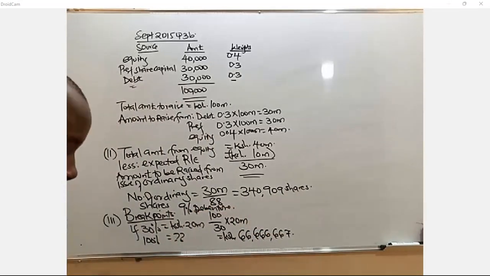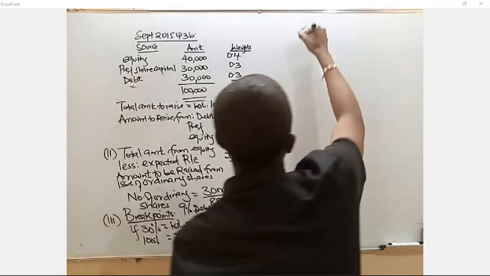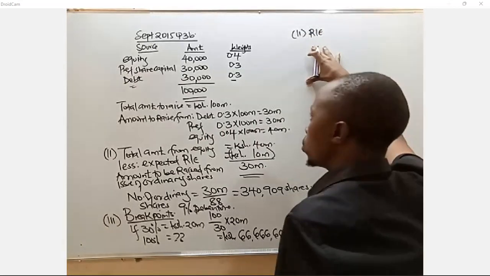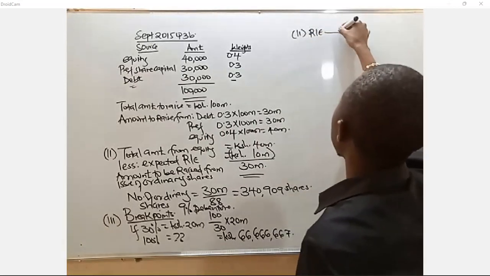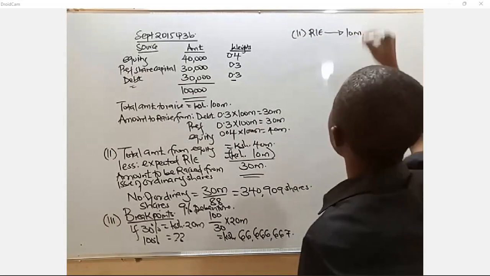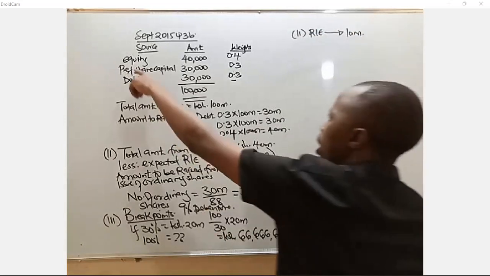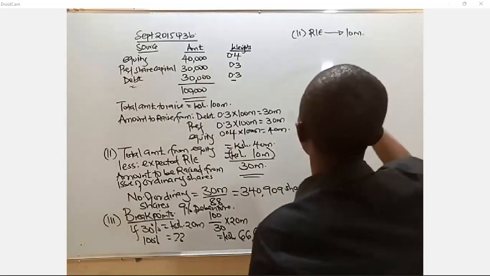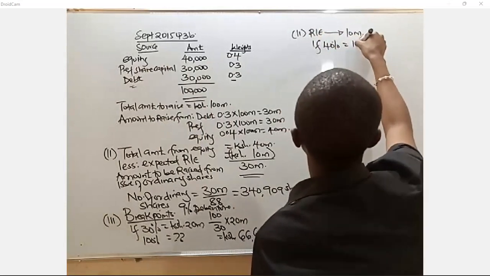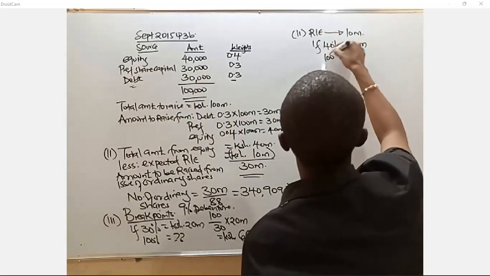What about the retained earnings? Number 2, we are discussing the retained earnings. As per the last bullet, it has told us that we can raise 10 million. You ask yourself, if 40% can give you 10 million, what about 100%?